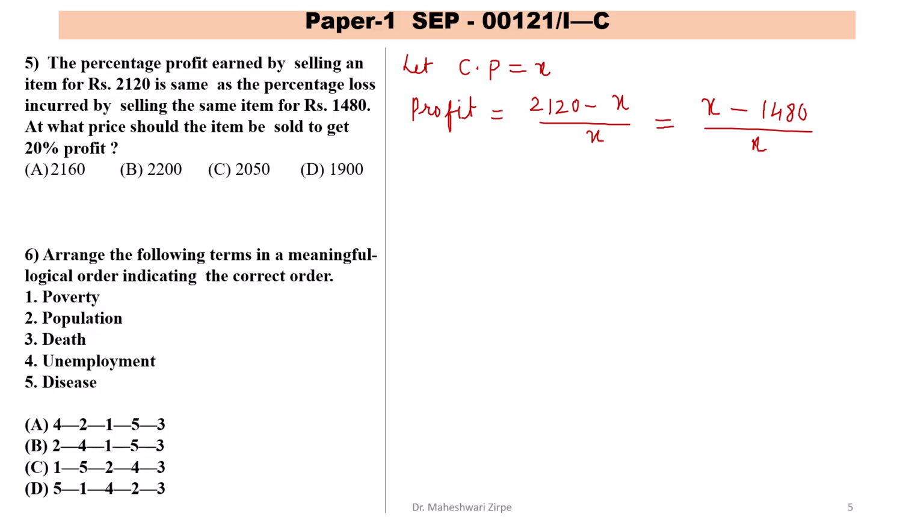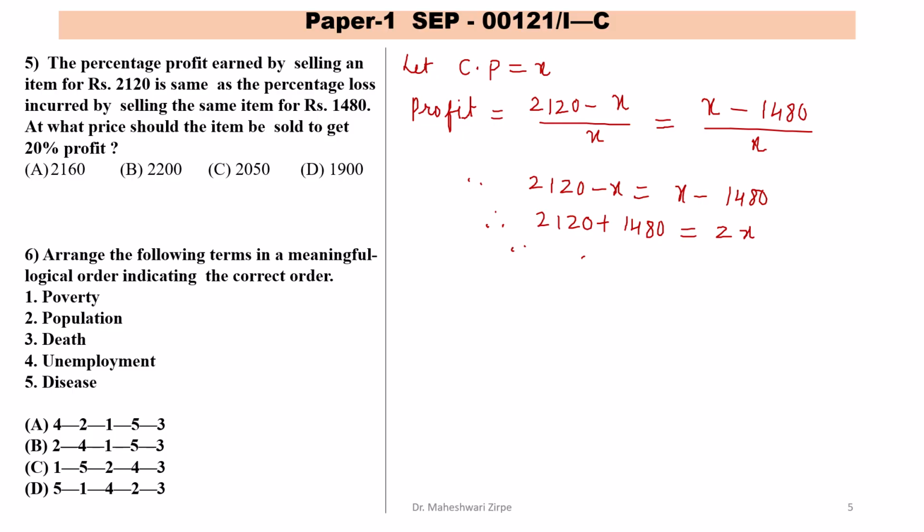So if you solve this equation, you will get 2120 minus X equal to X minus 1480. Therefore it will be 2120 plus 1480. Here it is minus, so the other way around: if it goes to the other side of the equal sign, it will become plus, and this minus sign will become plus here, that is 2X.